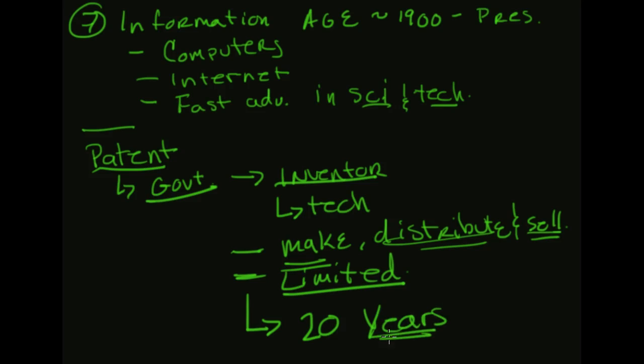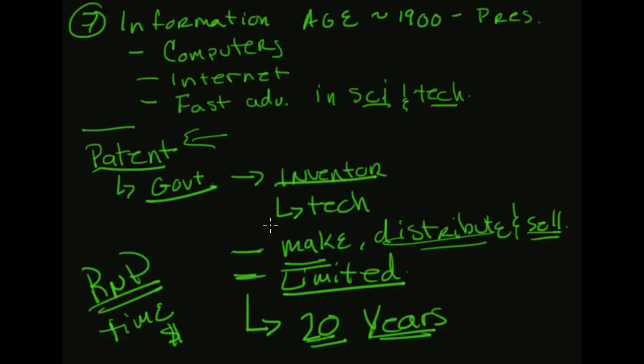The idea behind this is that a person who has put in the R&D, or research and design, of time and money should have the right, according to the concept of a patent, to make and distribute and sell their product for 20 years in order to make up that R&D cost before somebody takes their R&D efforts and starts making money in a competitive market.